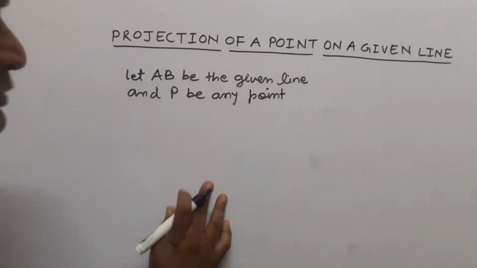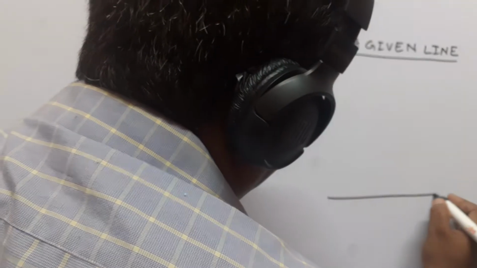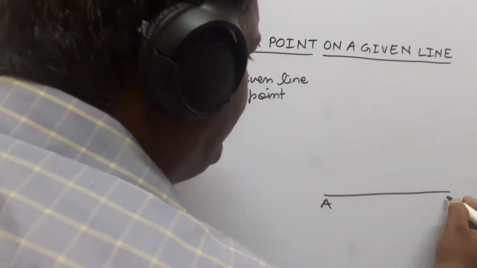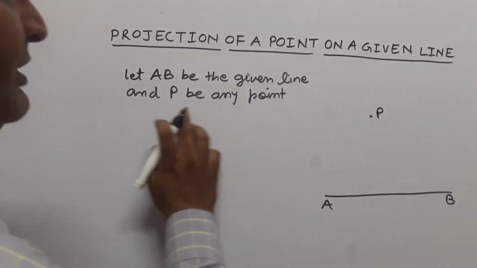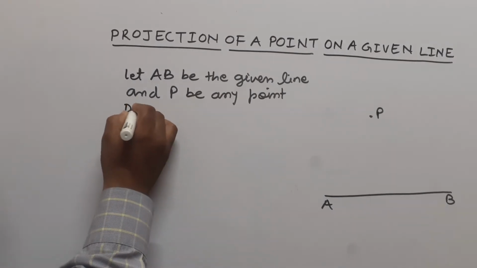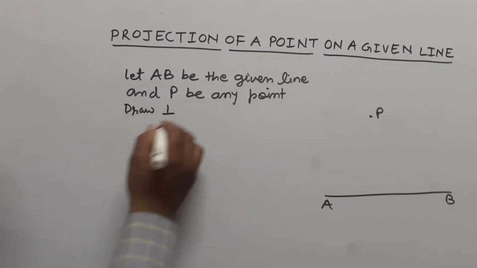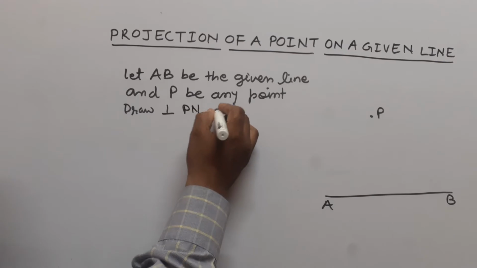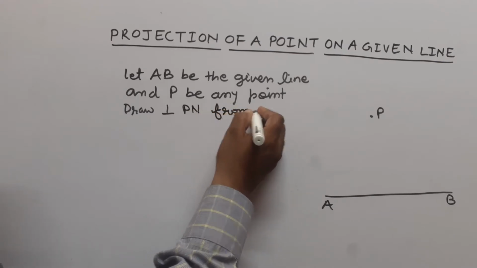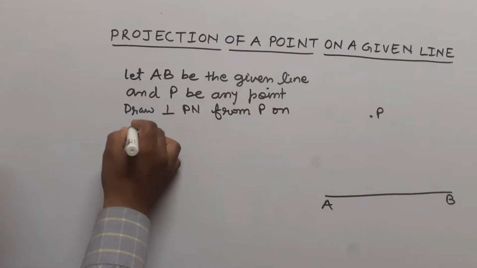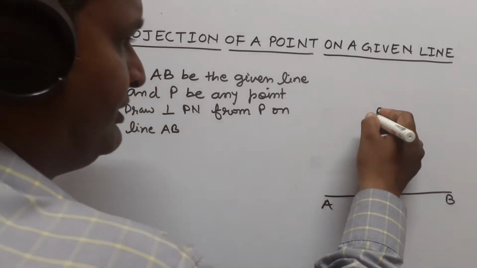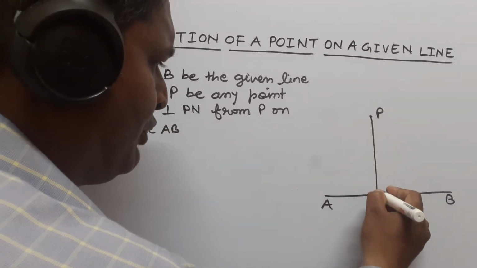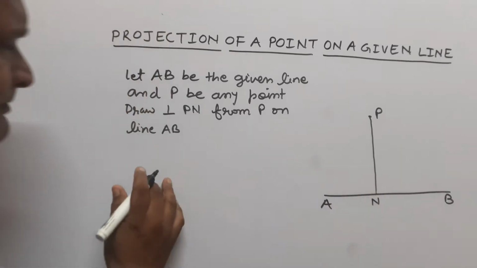Suppose that here is line AB and P be any point. Draw perpendicular PN from P point on line AB. So this is the perpendicular drawn from P point on the line AB.